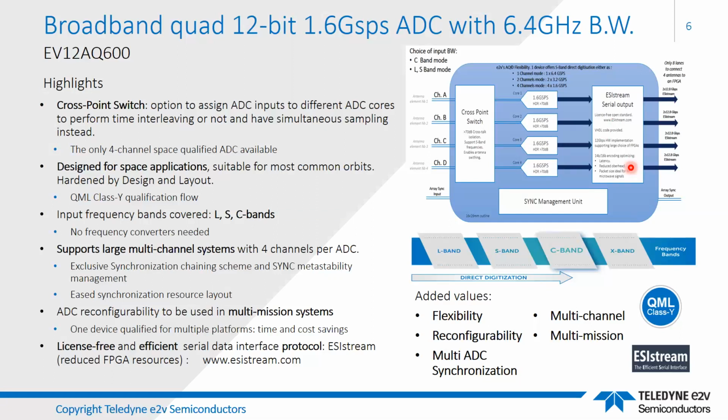FPGA resource usage. Depending on the size of the FPGA, you can come down by 50% on the number of LUTs that are required and the amount of memory that's required.